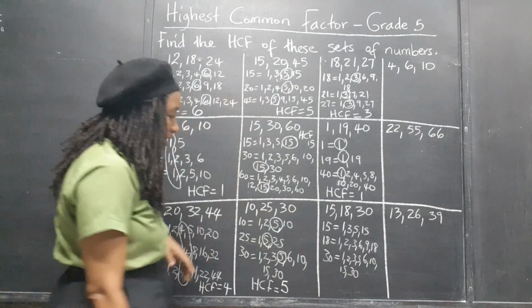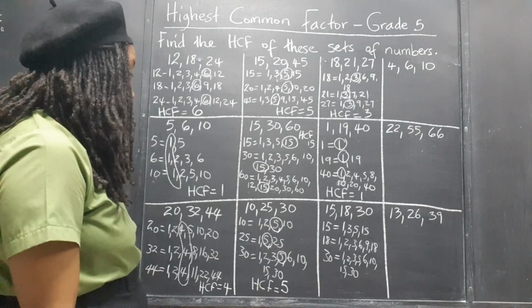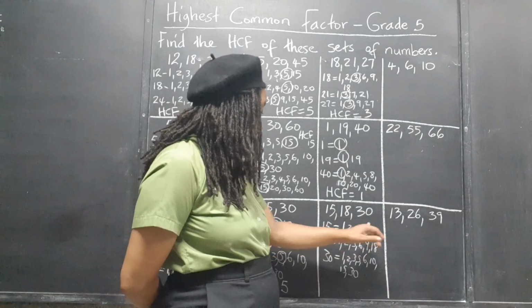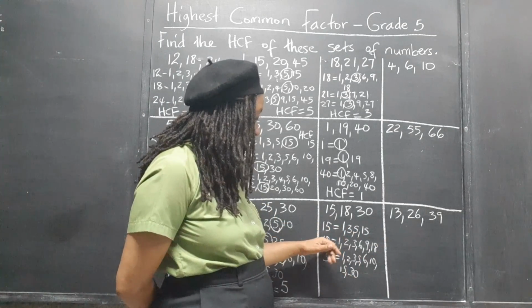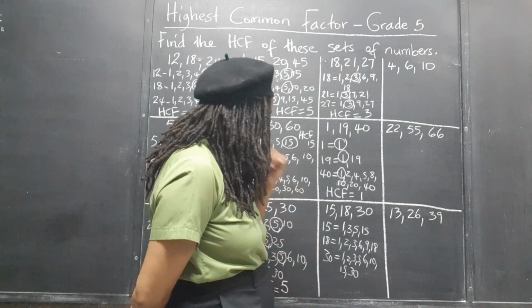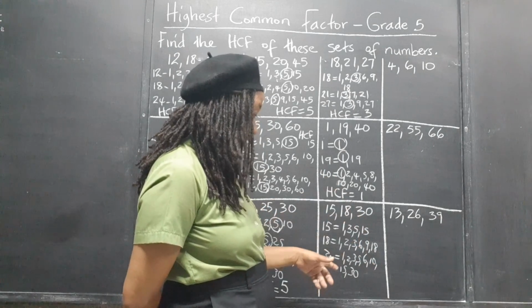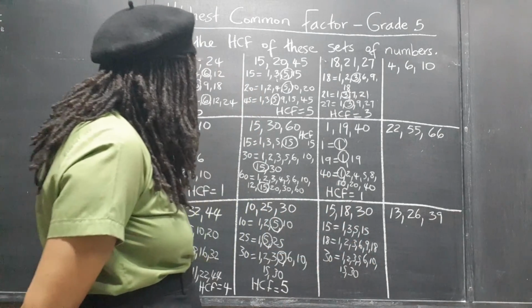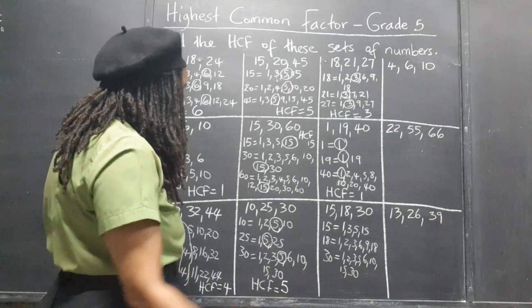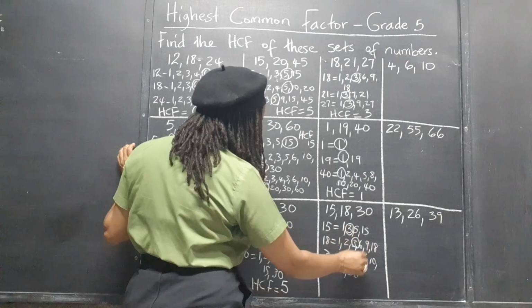What's the highest common one? 15 is common to the 15 and the 30, but it's not common to the 18. And 6 is common to the 18 and the 30, but not to the 15. So we have to find the one that's common to all 3, and that's going to be the 3.